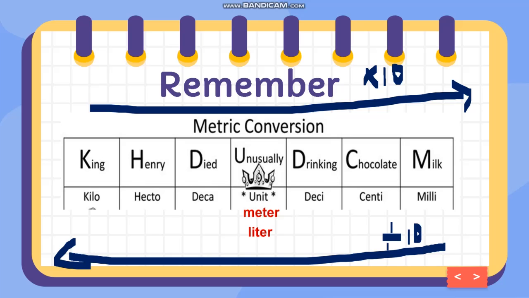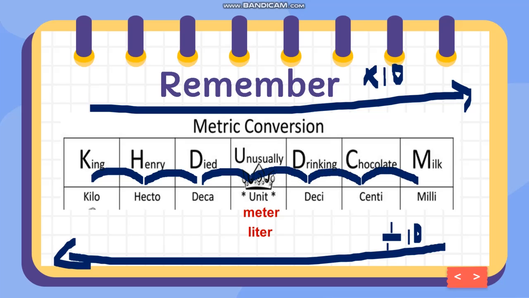It means if you're going to convert kilometer to hectometer, that is multiplied by 10; hectometer to decameter, multiplied by 10; decameter to meter, multiplied by 10; meter to deci, multiplied by 10; deci to centi, multiplied by 10; centimeter to millimeter, multiplied by 10.